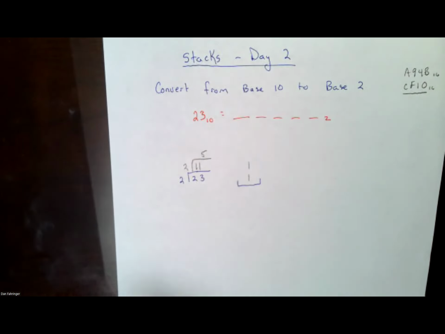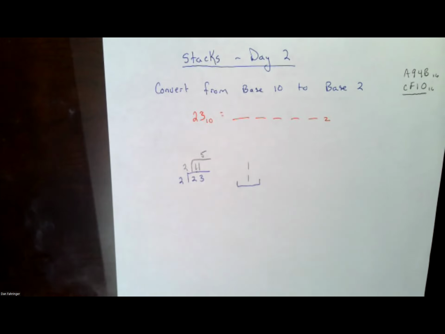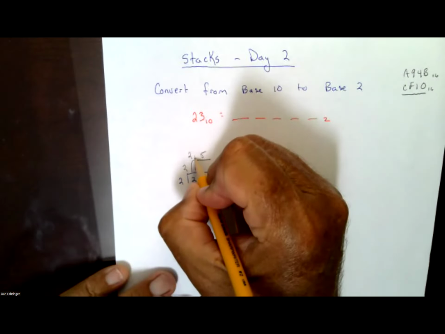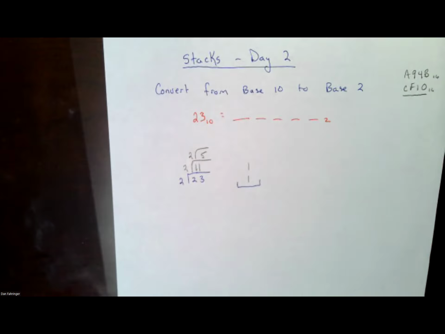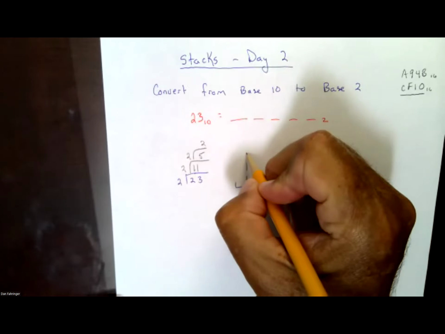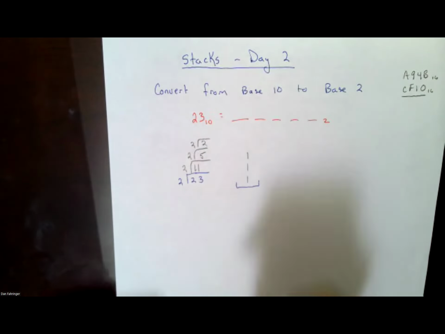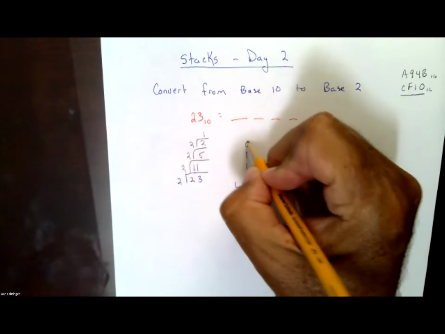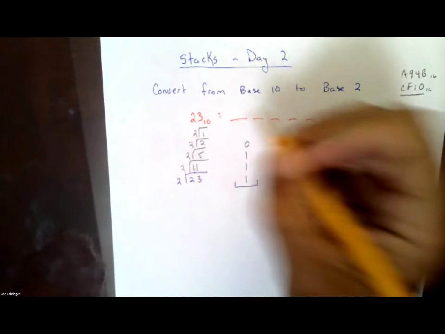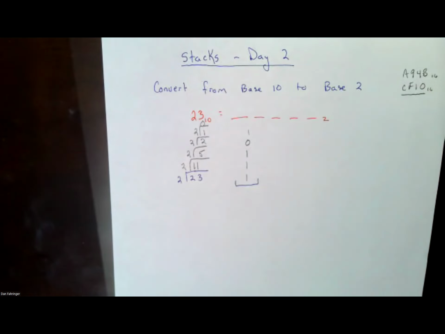I'm putting a bunch of ones, stacking them one right on top of another. 2 goes into 5 two times, with the remainder of 1. 2 goes into 2 one time with no remainder. And 2 goes into 1 zero times, with the remainder of 1.